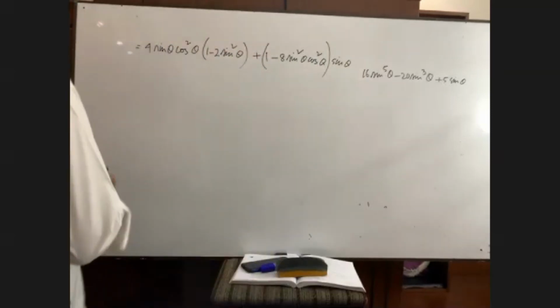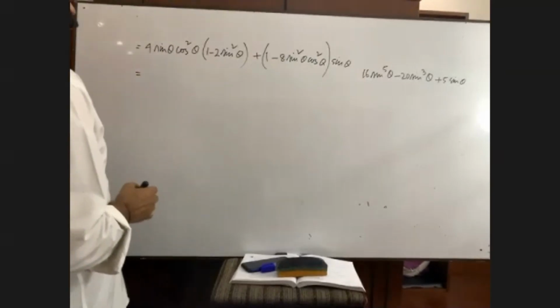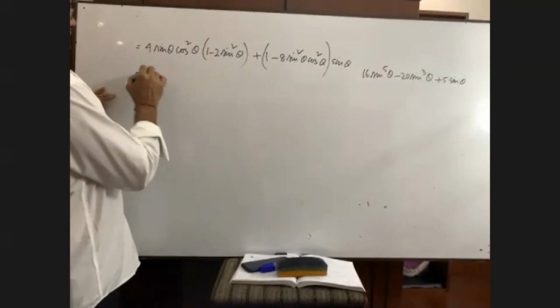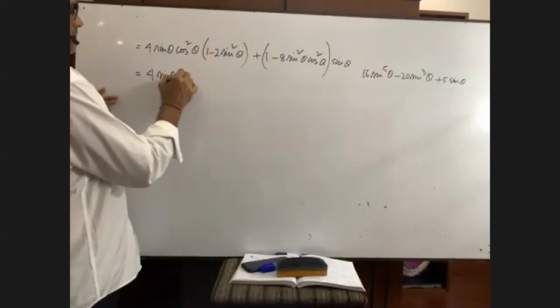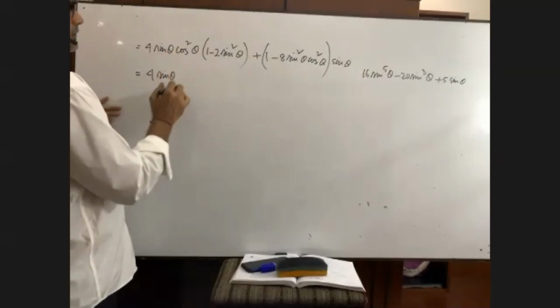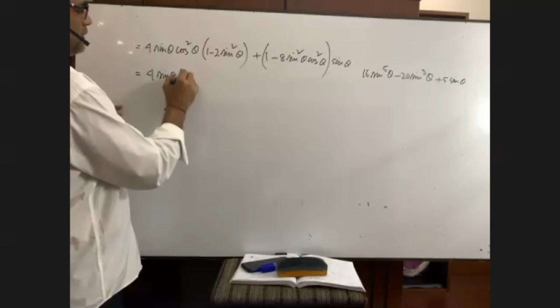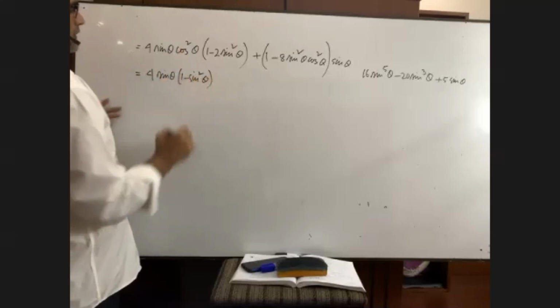Now you see what should be done here. What should be done here? You write down 4 sin theta. By the way, cos square theta equals to what? 1 minus sin square theta, right?